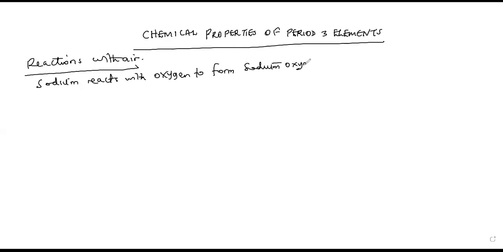You have to specify which component of air, because some elements react with nitrogen. So after every statement, you have to write the equation. Sodium solid reacts with air, which is oxygen in this case, to form sodium oxide.